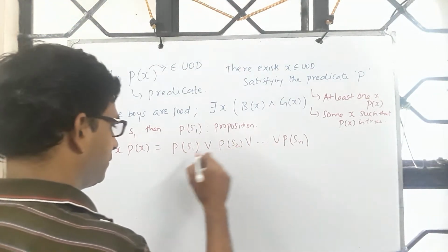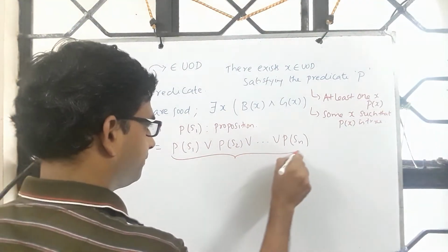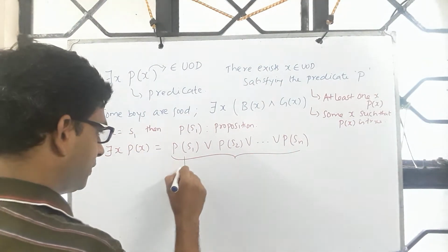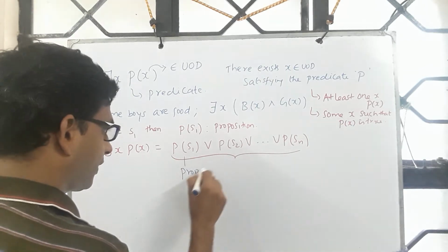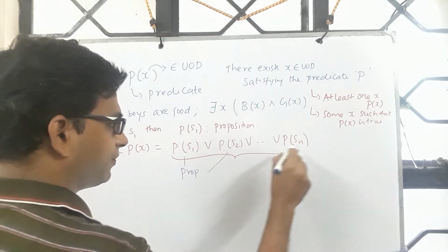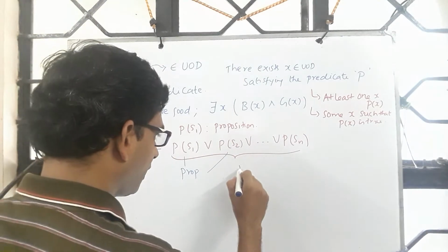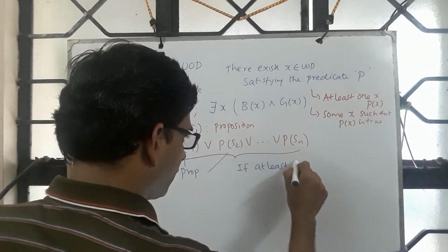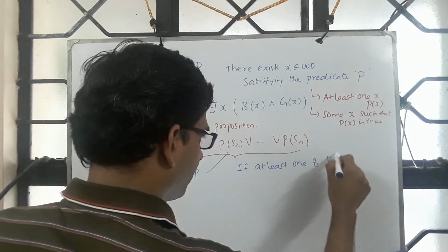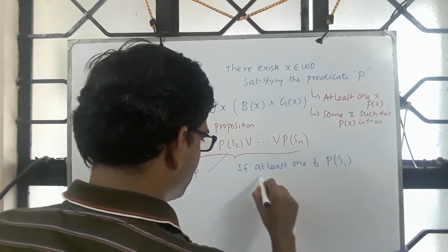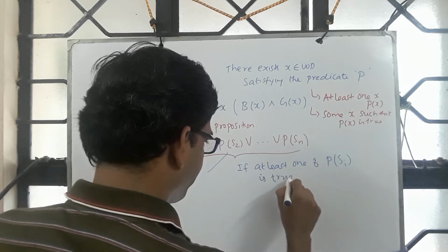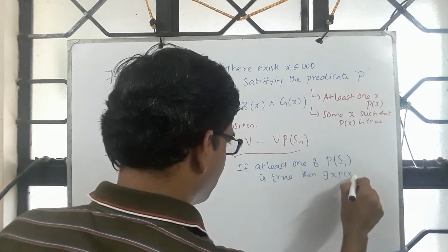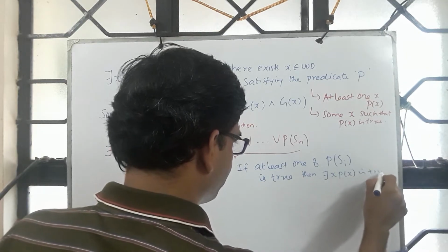How do you write at least one? Using the OR operator. Each of them is a proposition. So if at least one of p of si is true, then there exists x, p of x is true.